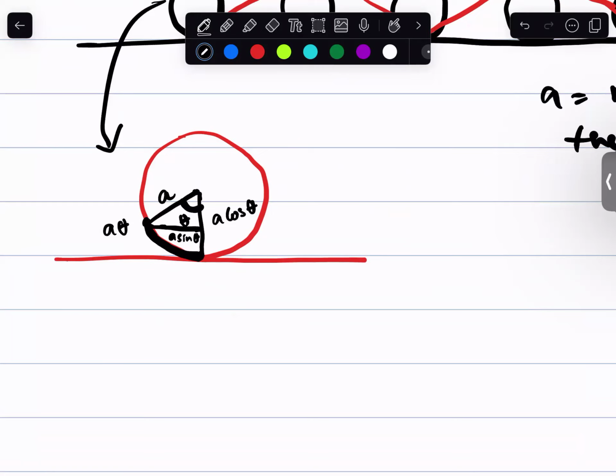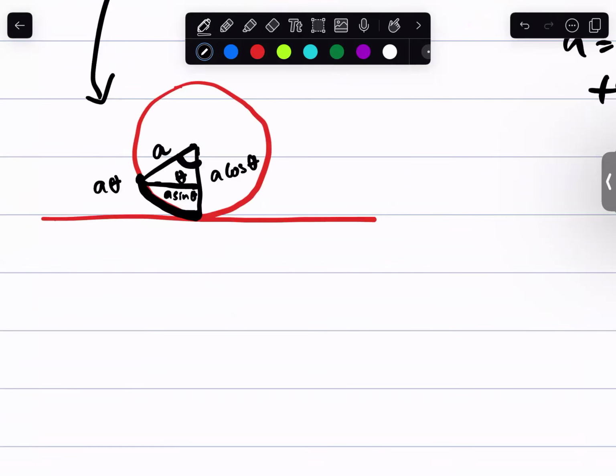This is not very hard to see, because this length is a, right? The angle is theta, so the circular length will be a theta. And this line will be a sin theta, which is easy to see using trigonometric identities. And this length will be a cos theta.